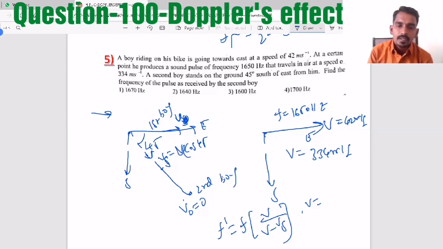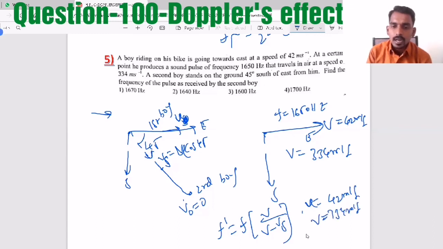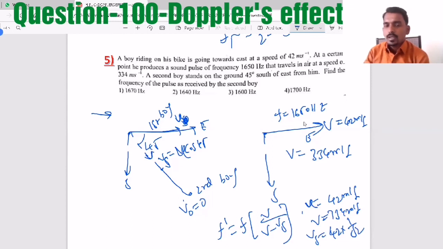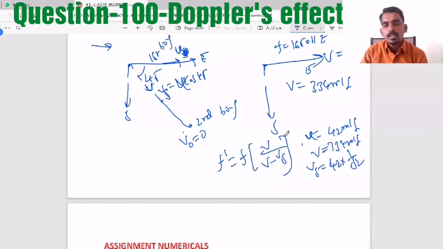So U is 42 meters per second, V is 334 meters per second, Vs is U cos 45, which means U by root 2, and F is 1650. If you substitute all the values, you will get the final answer.